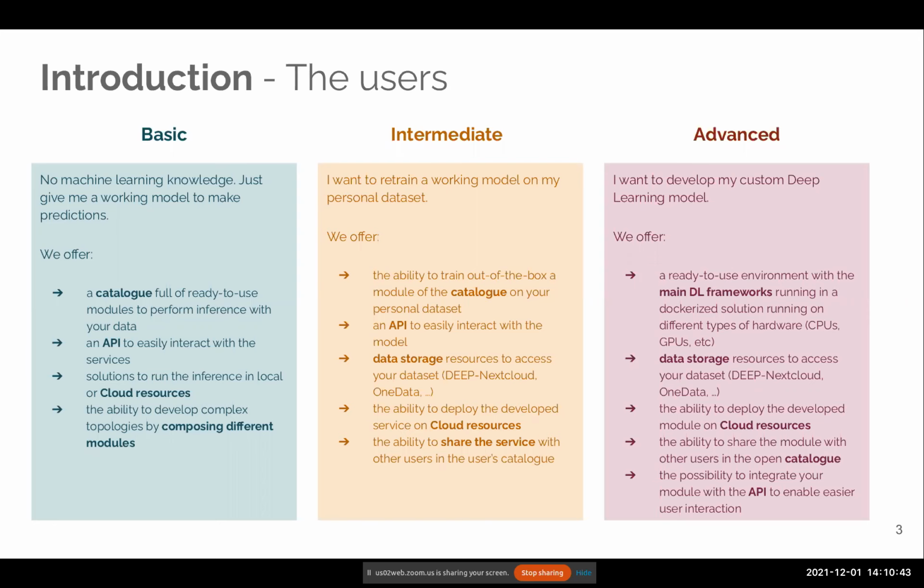I want an easy API to the model, let me choose the model, and let me choose maybe the resources it's going to run on. But I don't want to program anything.